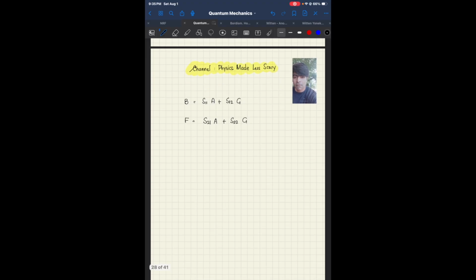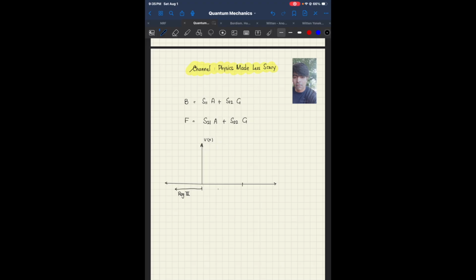Let me draw a picture that Griffiths also draws. It's very illuminating. So imagine this is the potential. Imagine this side onwards is region 3.